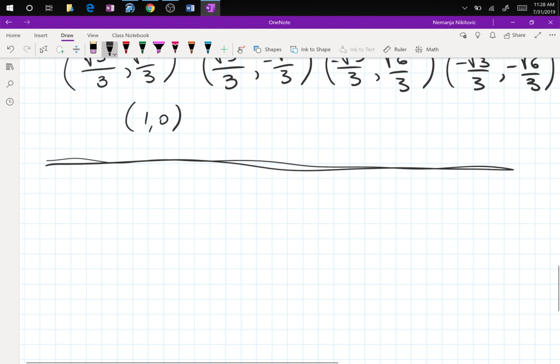Beautiful. Maximum perimeter rectangle in an ellipse.